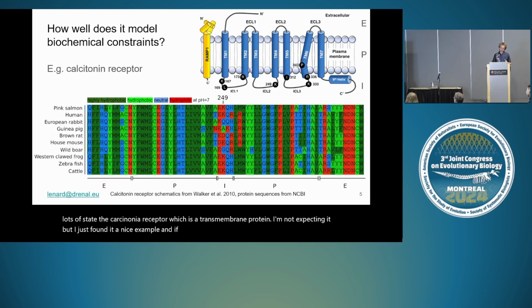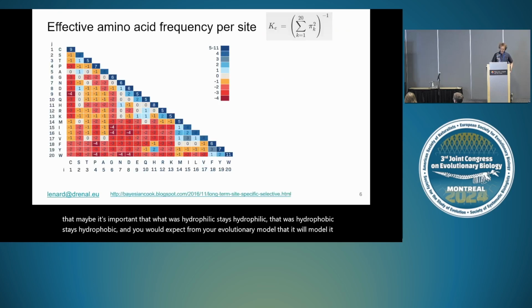If you try to match the transmembrane parts of the alignment and color the amino acids by their biochemical property, you would assume that it's important that what was hydrophilic stays hydrophilic and what was hydrophobic stays hydrophobic. You would expect your evolutionary model to model it appropriately, and you would expect this actually from the substitution matrix. This is a BLOSUM matrix.